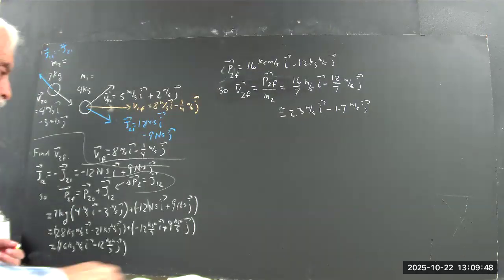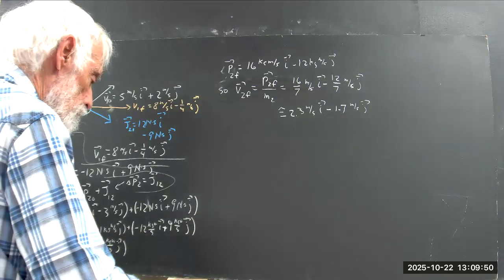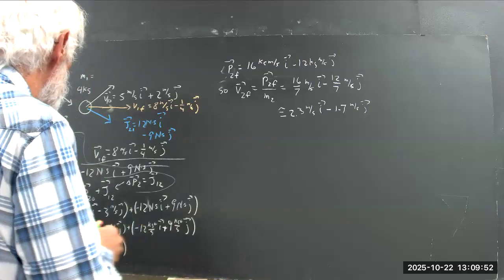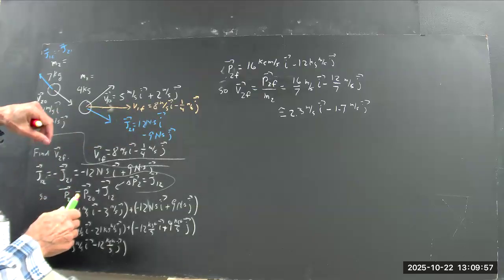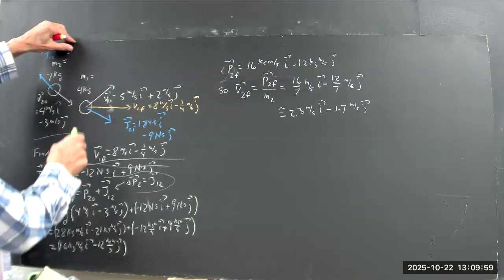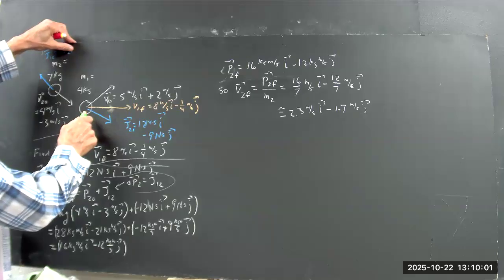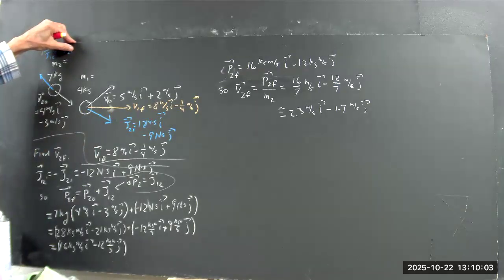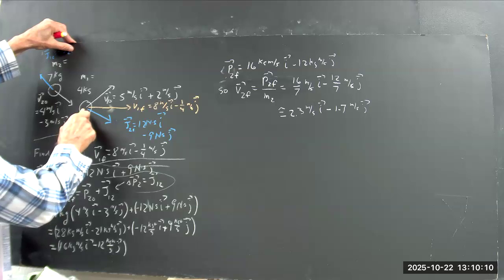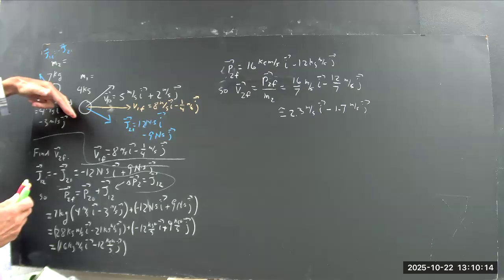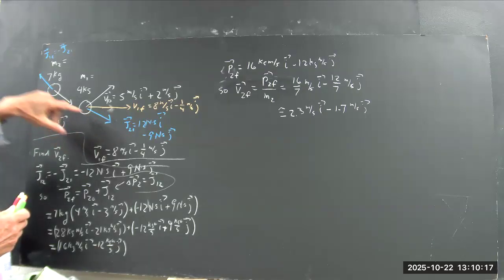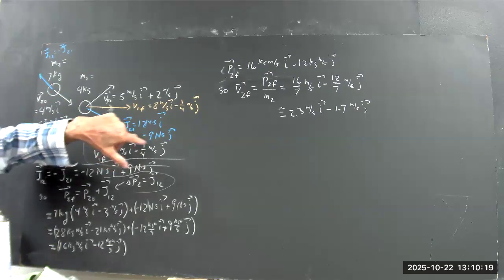So what's that look like? That looks like this, using this orange for my velocities. This thing is going to nearly maintain its direction because, of course, its initial direction is almost along the same line as the impulse.